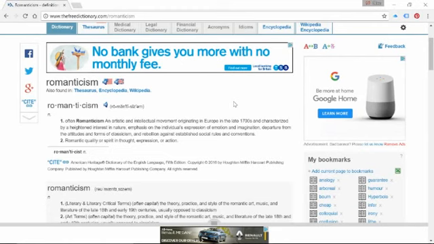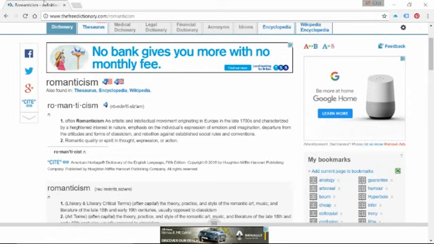It follows a character who is really a strong individual pursuing his individual freedom. So that's Victor Frankenstein. So you can see how the themes within the novel and the characters within the novel relate to the romantic movement.